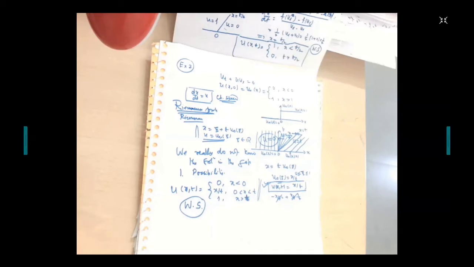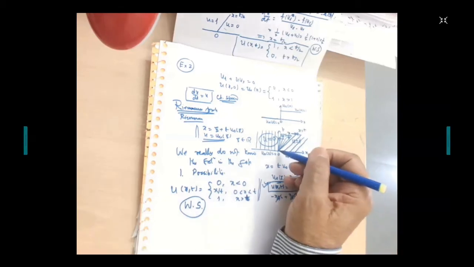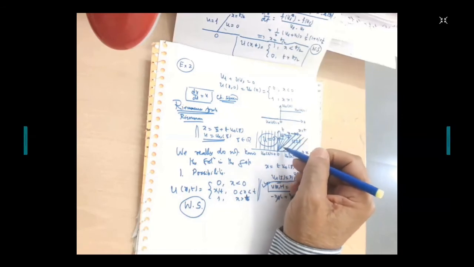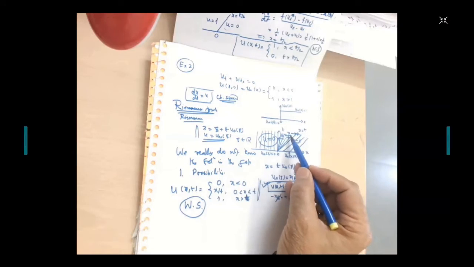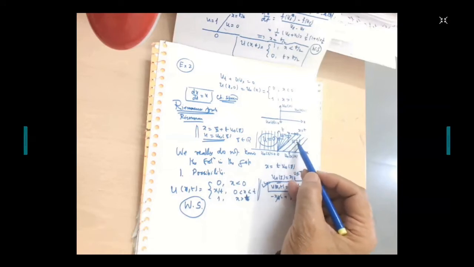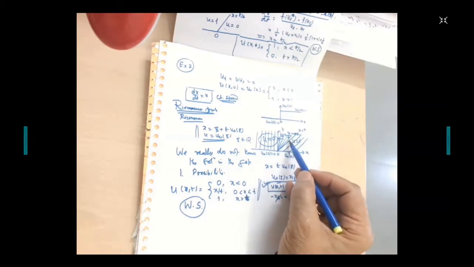Derivatives are discontinuous. Very good. Derivatives are discontinuous across the lines x is equal to 0 and x is equal to t. Look here, what is the x derivative? It is 1 by t on the left, but on the right it is 1. So the x derivative is discontinuous. Similarly, the t derivative is discontinuous.